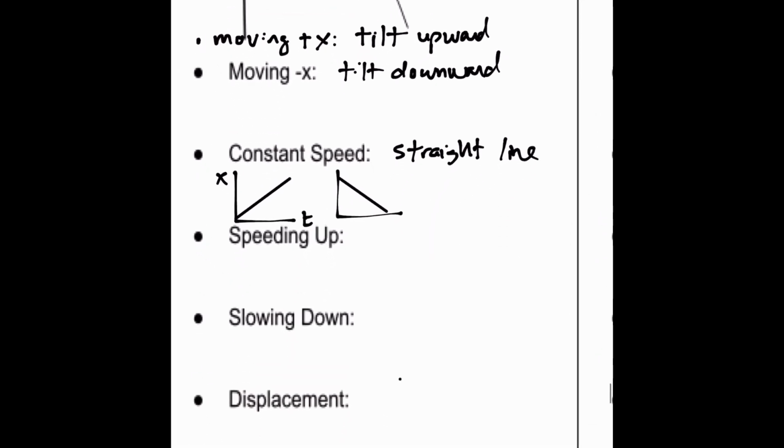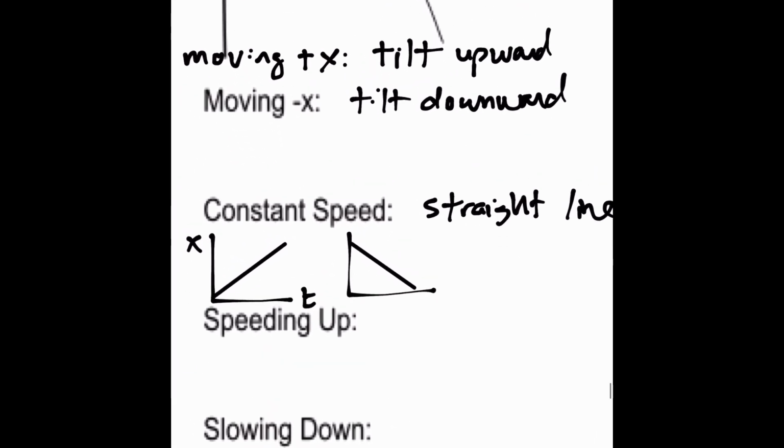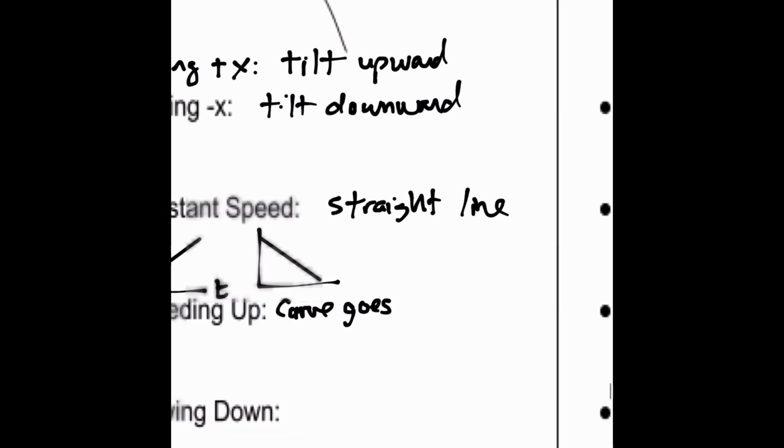Okay, how do we show speeding up? Well, to show speeding up, it's not a line anymore, it's a curve, and the curve goes from flat to steep slope.